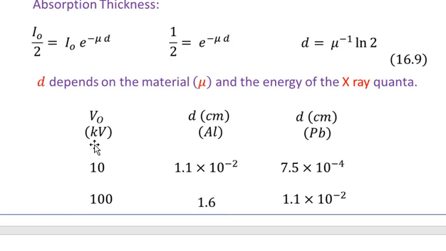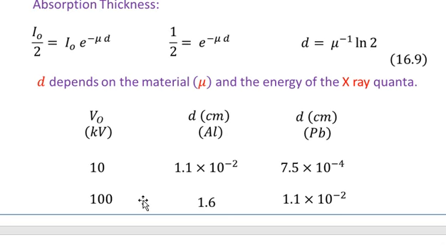So if you put e times kV, you will get the energy of the electron in keV. So 10 keV is the energy of the electron, and an electron with the energy of 10 keV will penetrate a distance of 1.1 times 10 to the power minus 2 centimeter into the aluminium, and it will travel a distance of 7.5 times 10 to the power minus 4 centimeter into the lead, until the intensity of X-rays becomes equal to half.